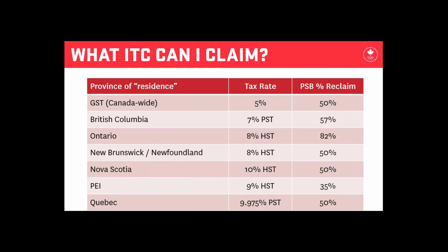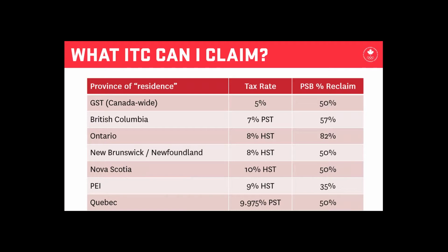I will caution you, and again this is where the tax expert or the CRA's advice comes into play, that this does not allow you to pick and choose which expenses you claim the 82% of the 8% on and the 50% on the 5% in Alberta.